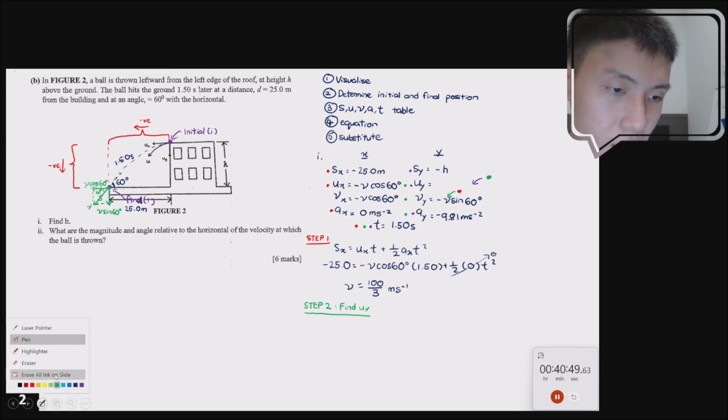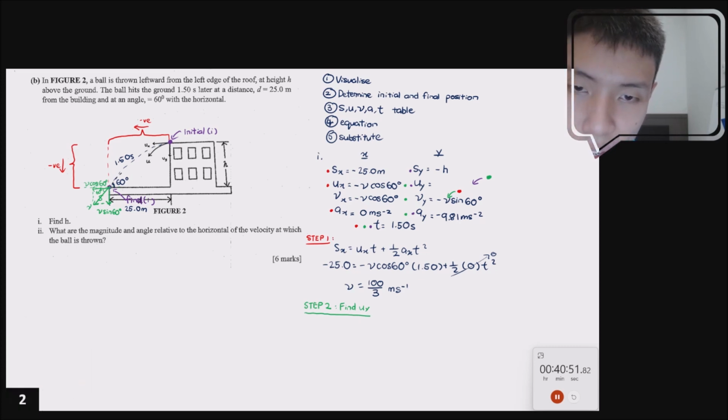Okay, let me label clearly because I think this is quite a fun question. There's many layers. This one will be to find V. Okay, so now we find UY.